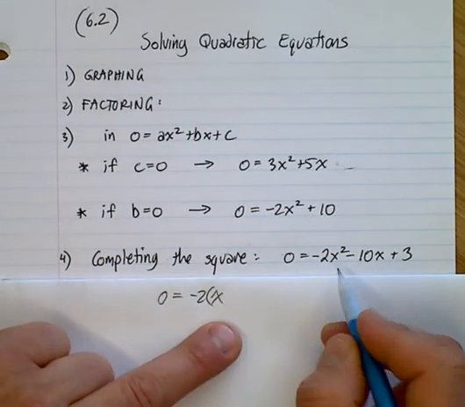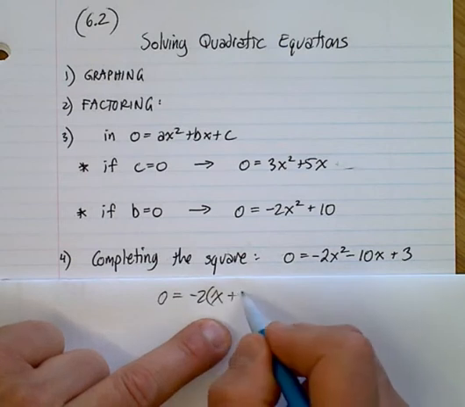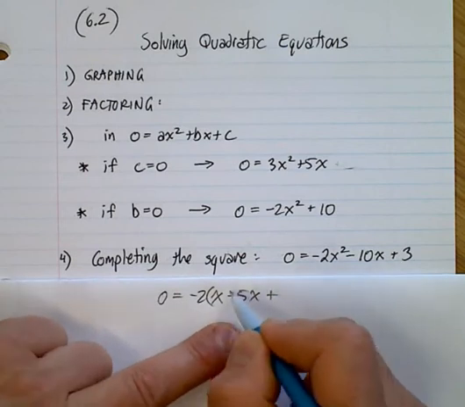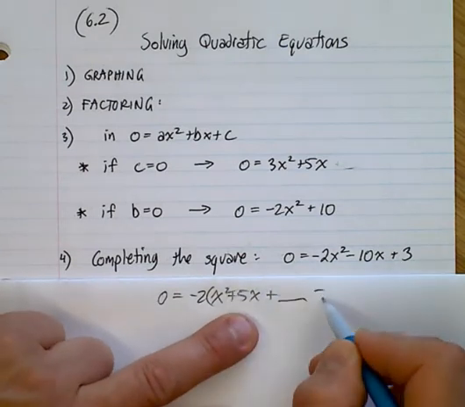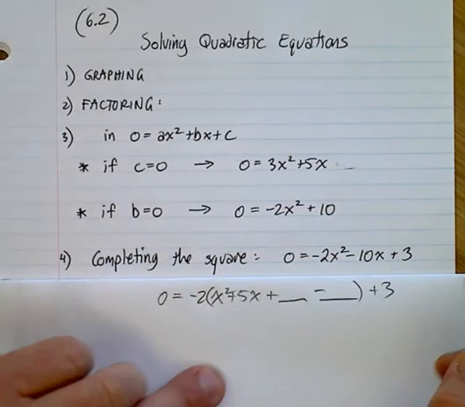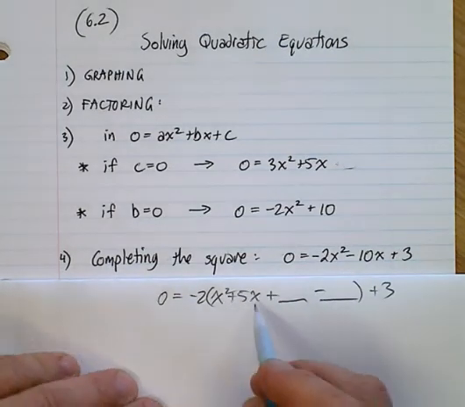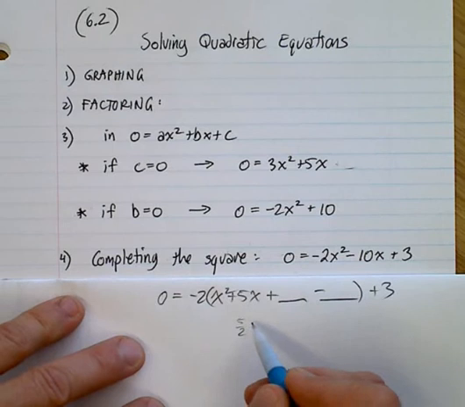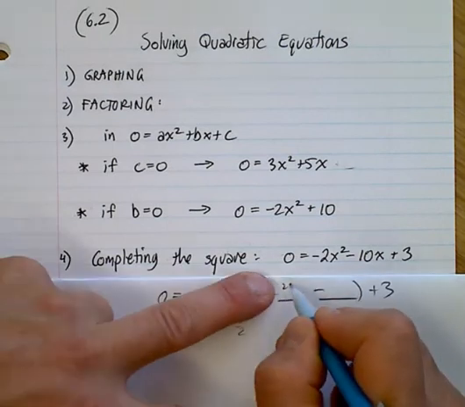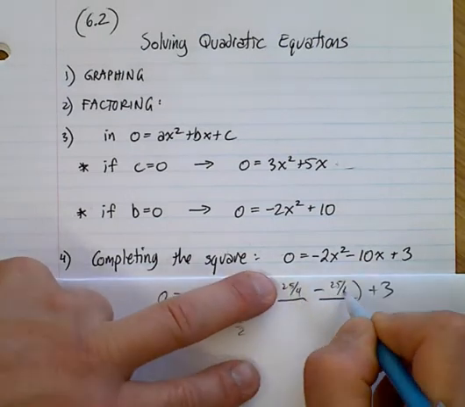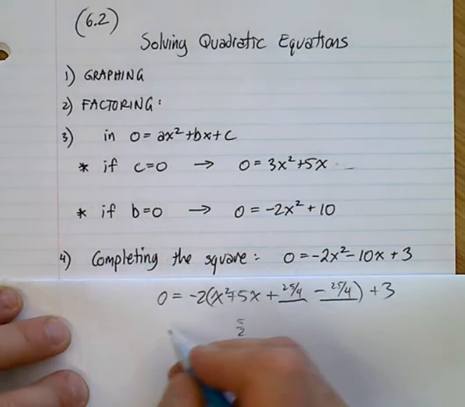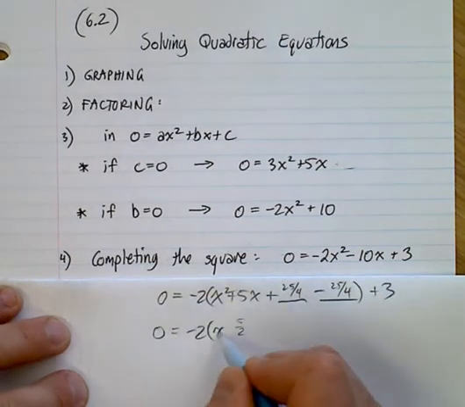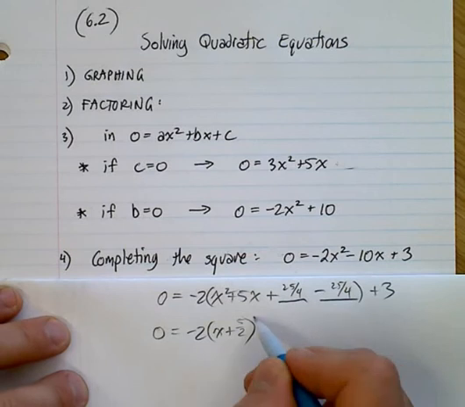If you take a negative 2 out, it's going to be x squared plus 5x, right? Then x squared, plus a number, minus a number, and we took that plus 3 out. So half of 5 is 5 halves, and 5 halves squared is 25 over 4. So now, minus 2x plus 5 halves all squared.